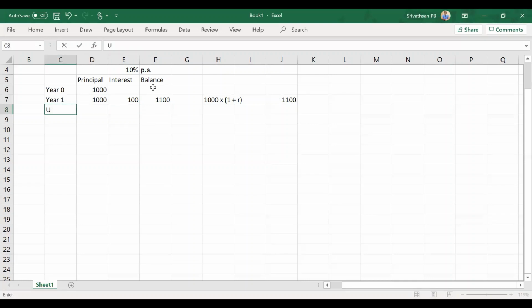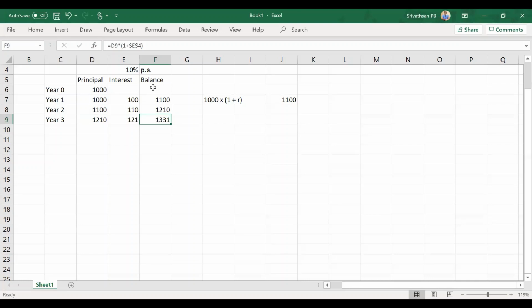Now let's go to year two. What was my opening balance? I had 1,100. Interest 10%, 110. Balance 1210. Year three, 1210, 121 interest, 1331 is the balance.